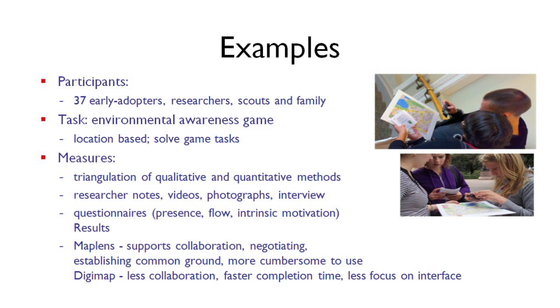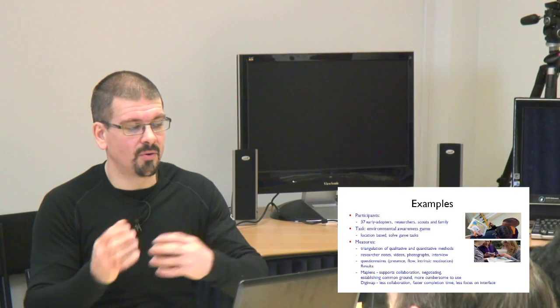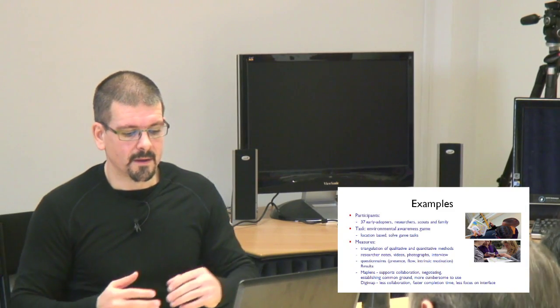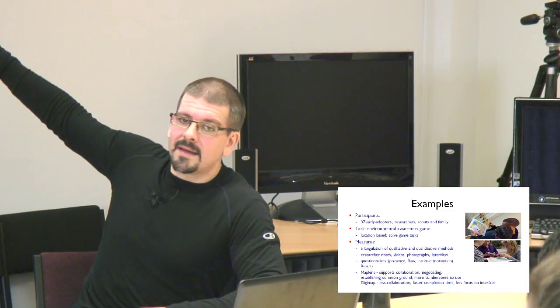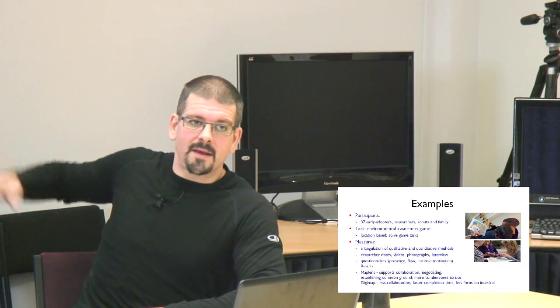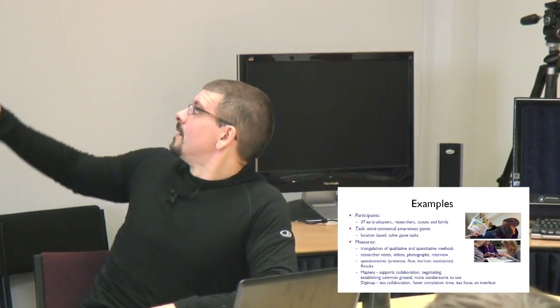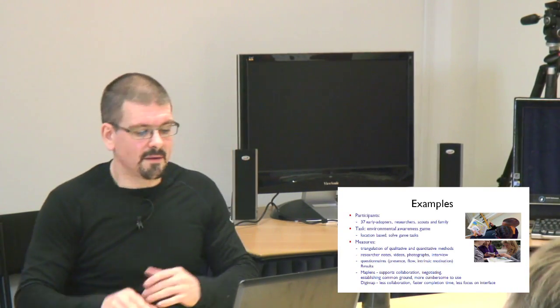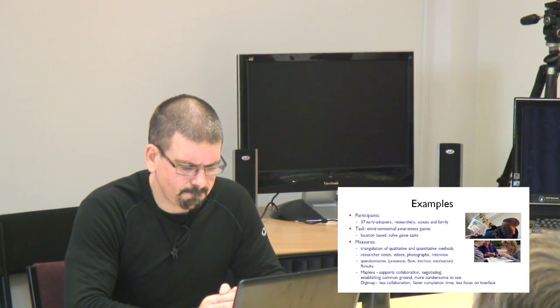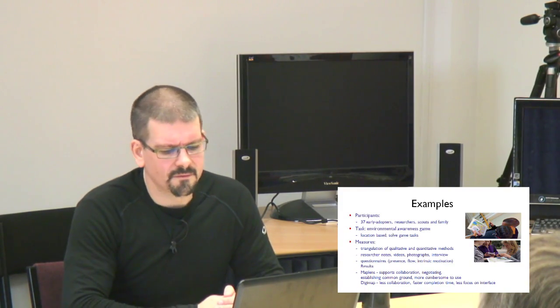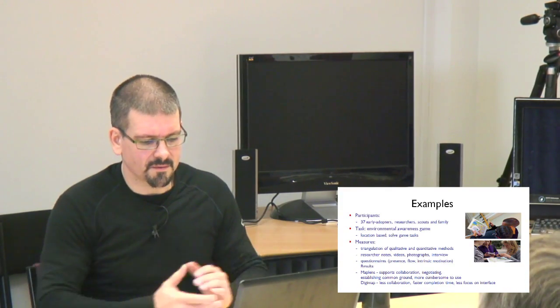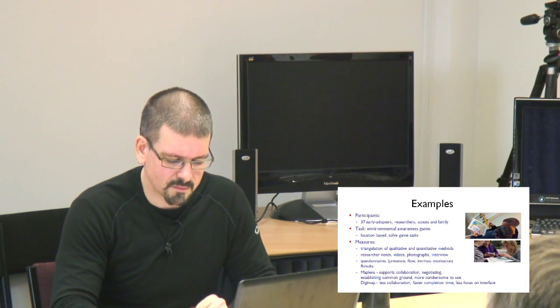To give you an idea what different kinds of results you can get out of qualitative compared to quantitative studies, they found how those interfaces support interaction. They found that the AR interface, again, supported collaboration a lot more than the more personal map type of interface on the phone, because of the way it affords collaboration, and use of gestures and all those different things were different between the two types of interfaces.